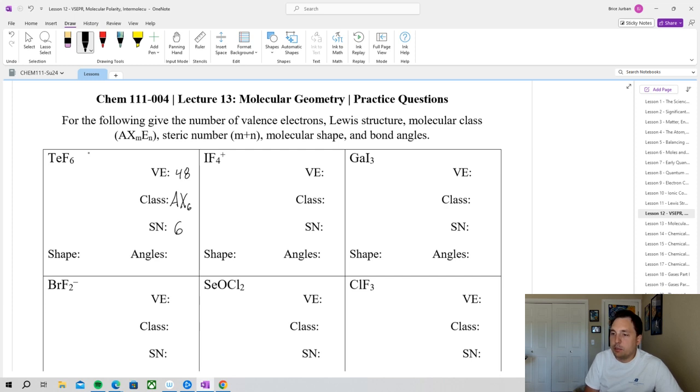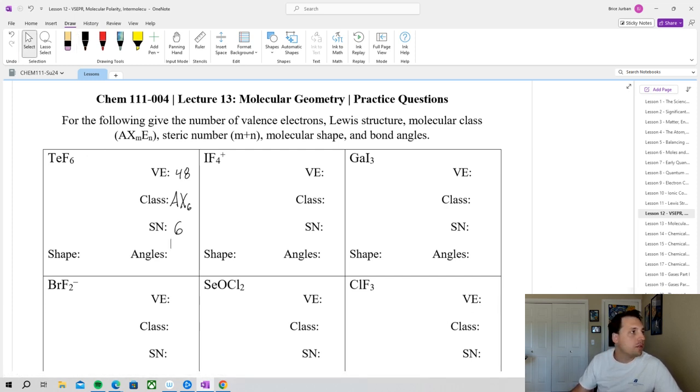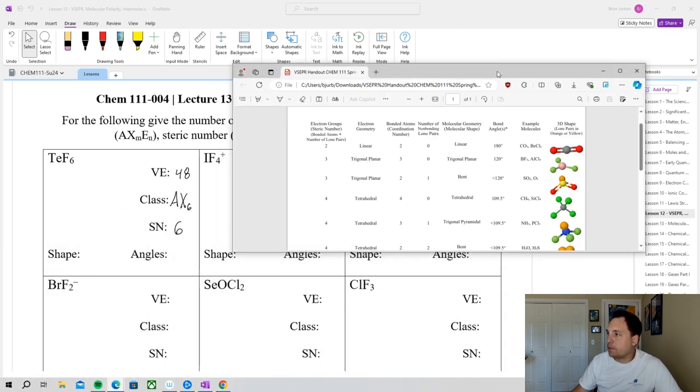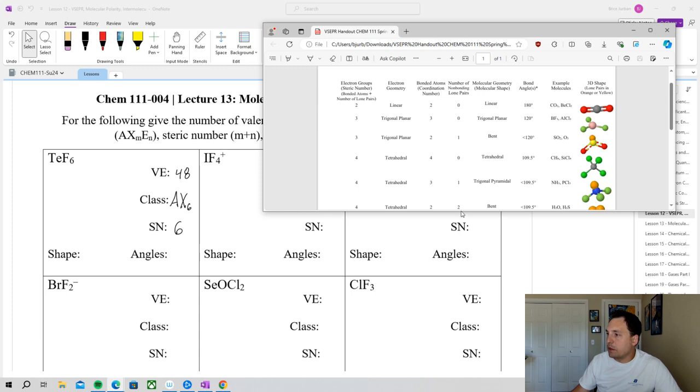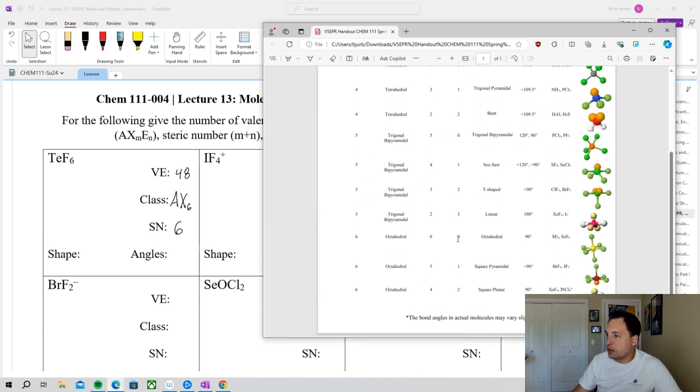And then the shape is going to be based off of the information from above. So even without drawing the structure, you can figure out what the shape and the angles are going to be. So this is going to be octahedral, and it's going to be 90 degrees.